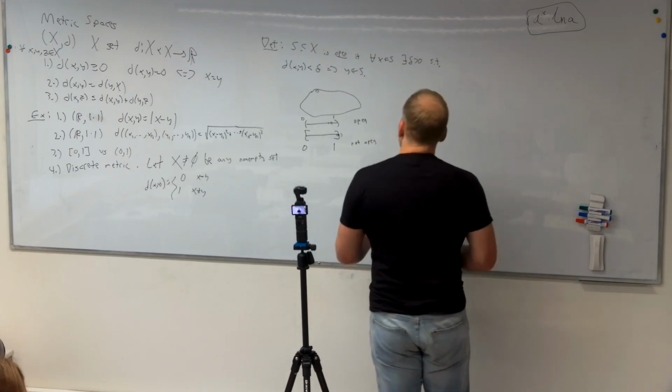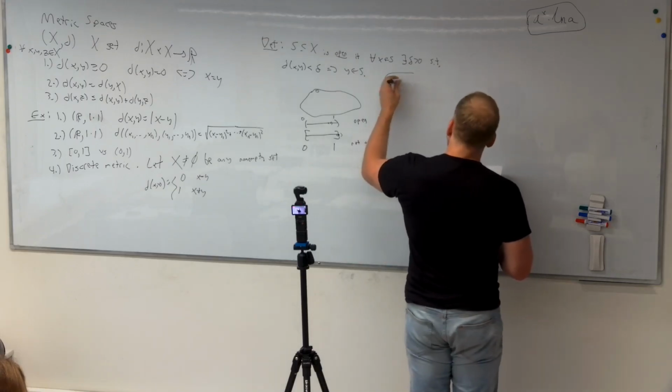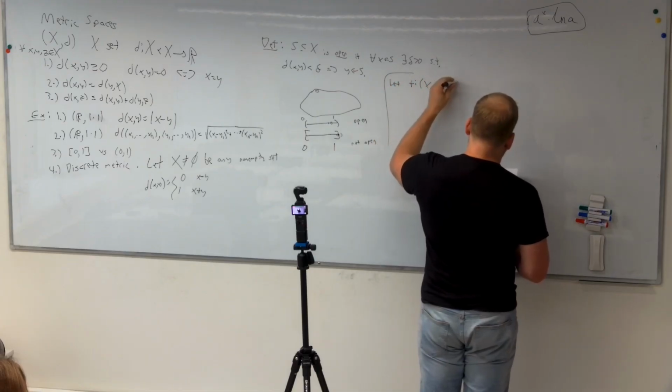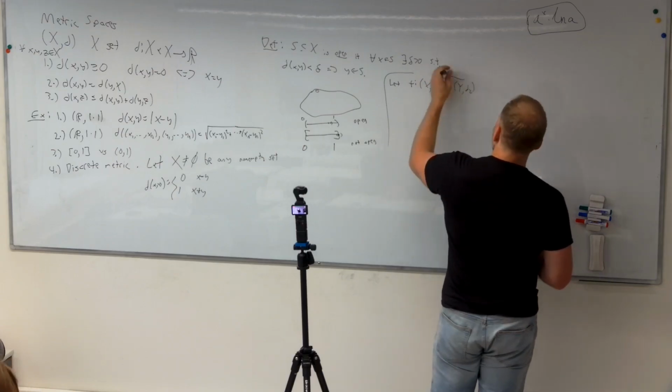Now we want to talk about continuous functions. So let f be a function from (X, d1) to (Y, d2). These are metric spaces.